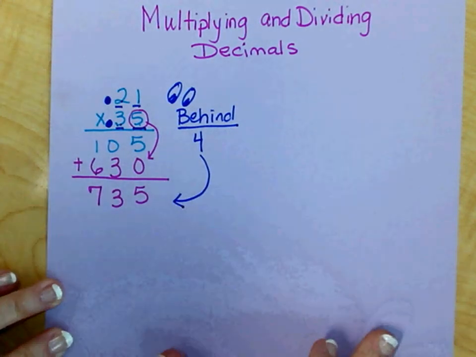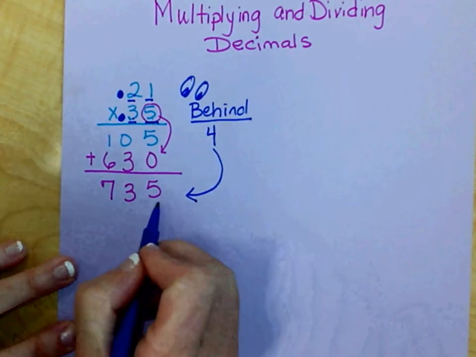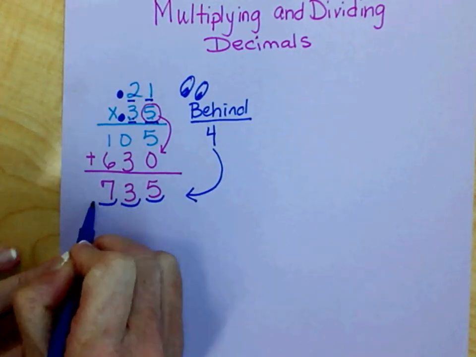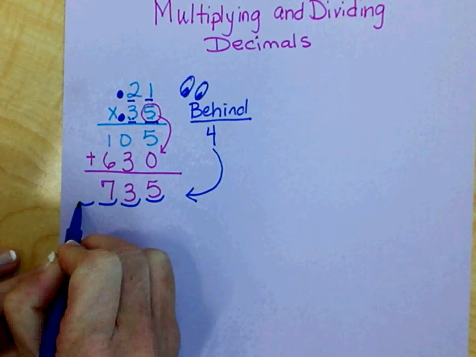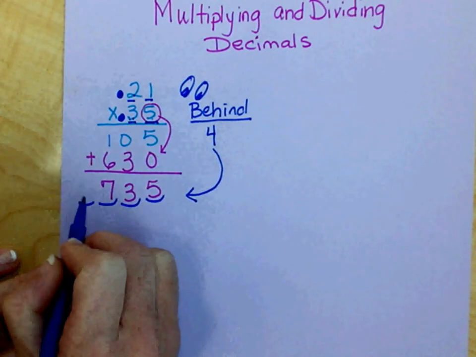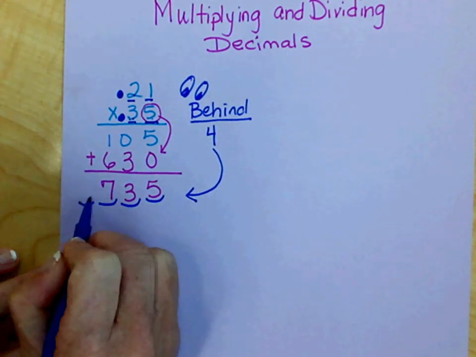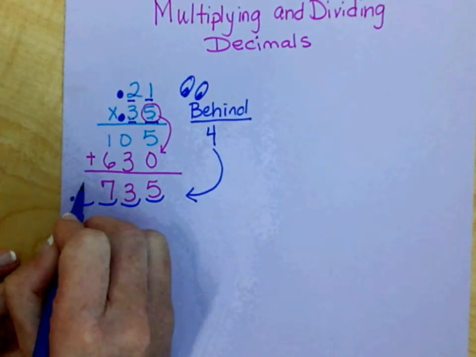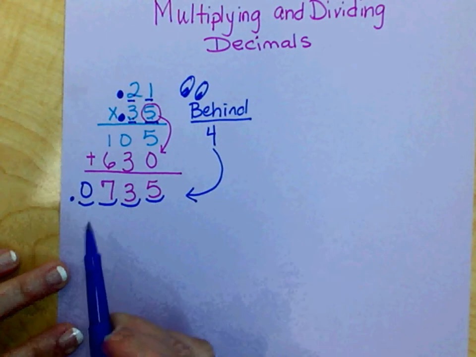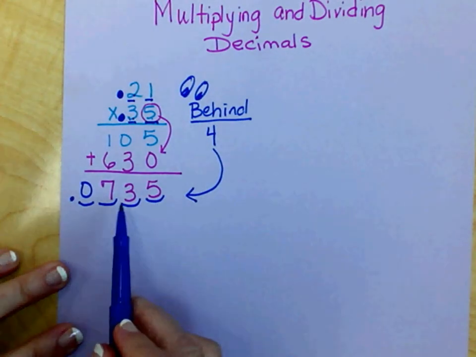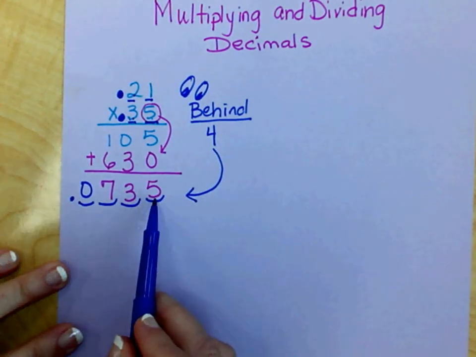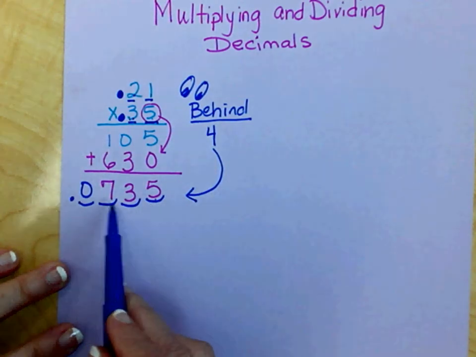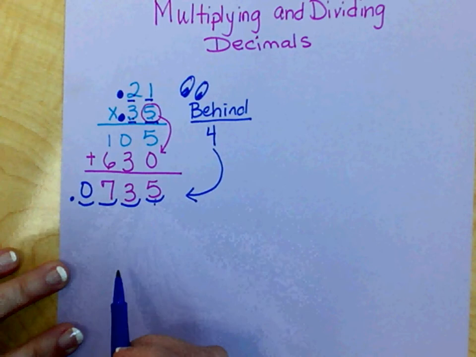So I'm going to move from behind 4 values to the front. What do you think might have to fill in this place value that we have to fill? You're right, it's a 0. So now I actually have 735, and this 5 is in the 10,000ths place. So we say it as 735 10,000ths.